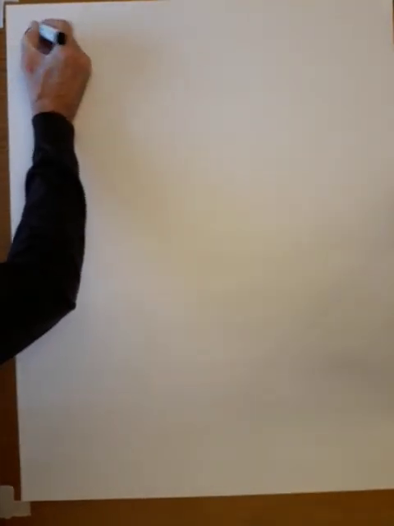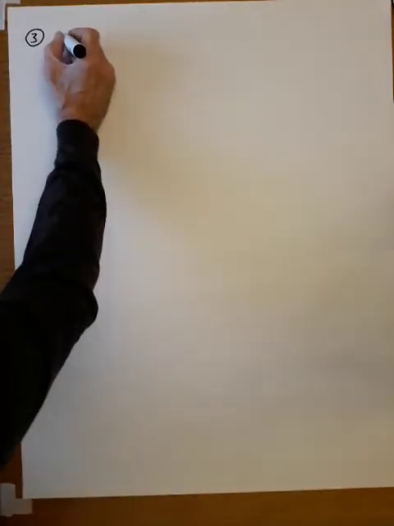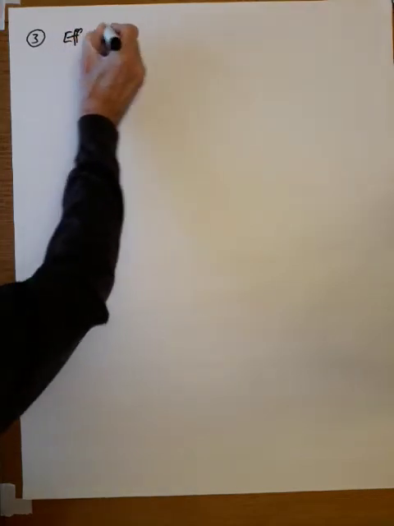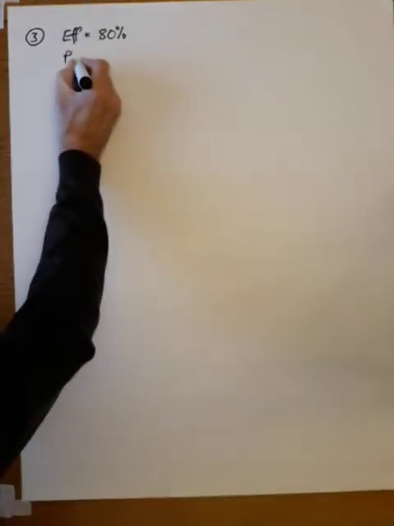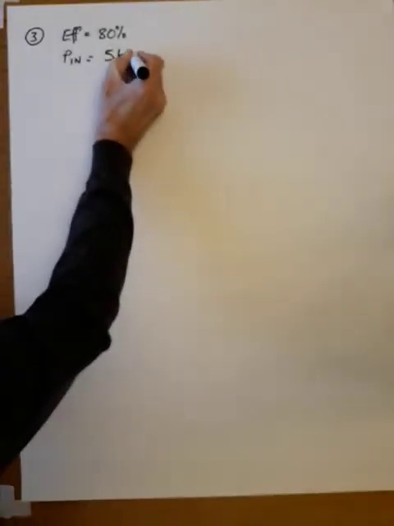So the final example then. This involves transposition. So let us suppose we have a system where the efficiency is 80%. The input power is 5 kilowatts.